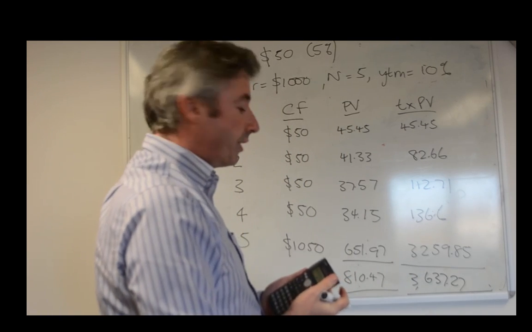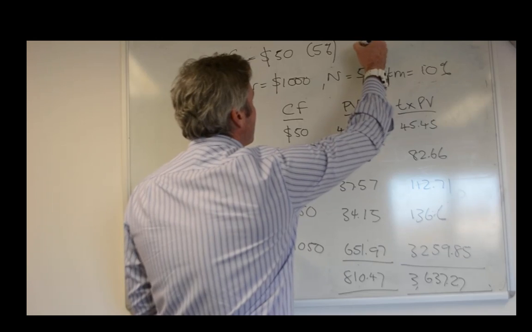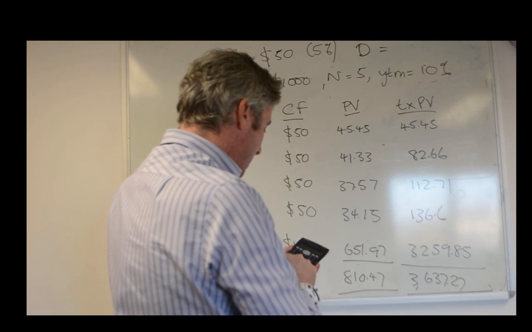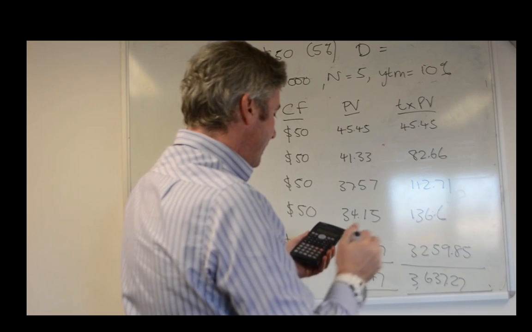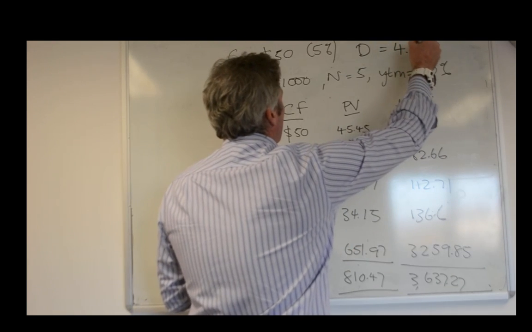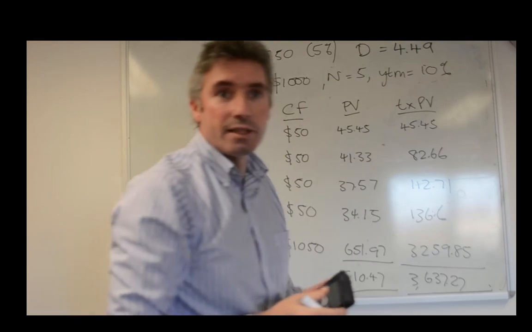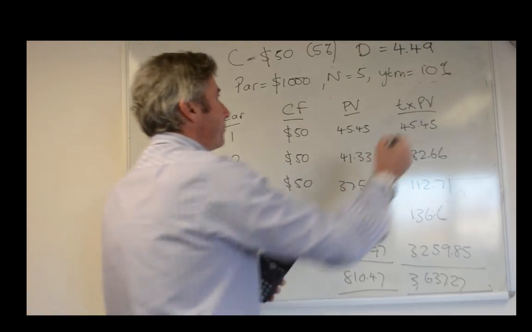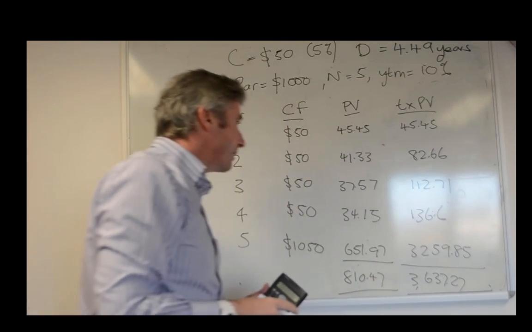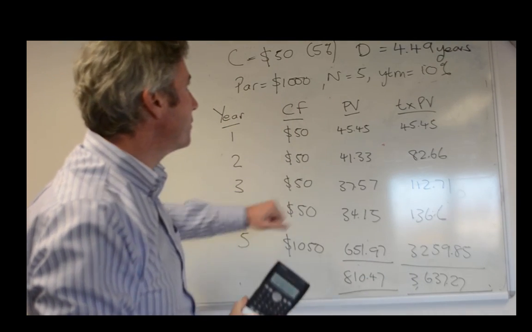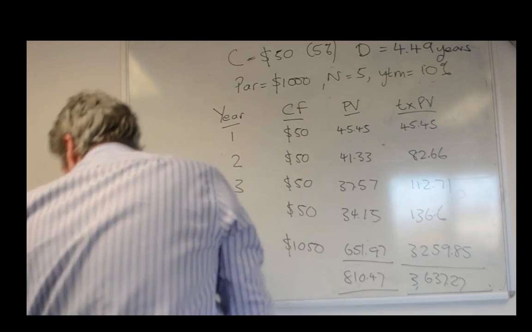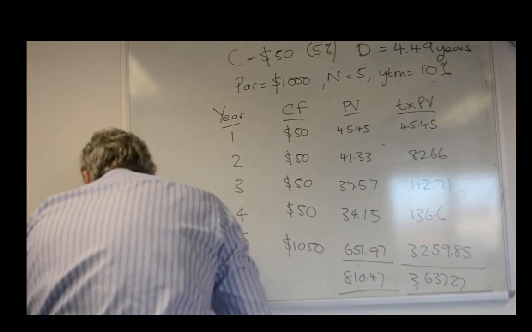If I want to find the duration now, I need to take this number here and then divide it by the price of 810.47, and I get an answer of 4.49. So 4.49. And then the units that we use to measure duration are years. So as we can see, because this is a coupon paying bond, the duration is less than the maturity of 5 years.